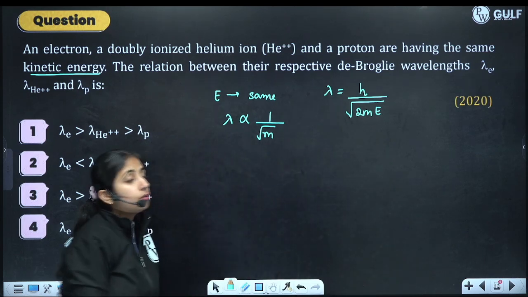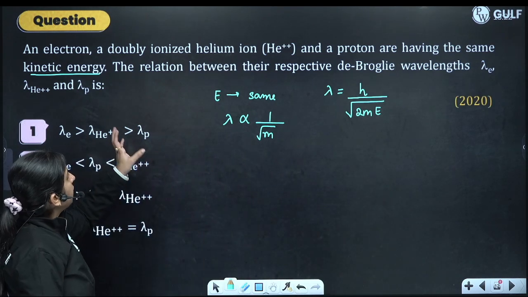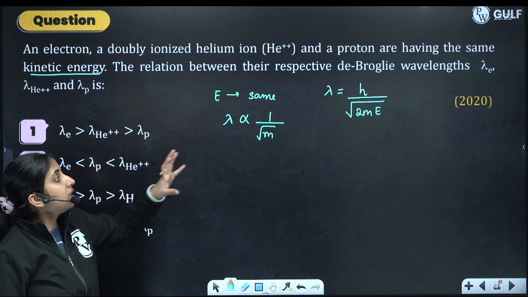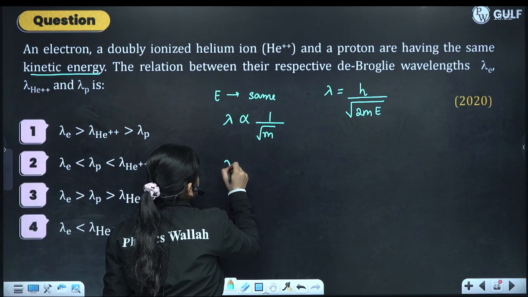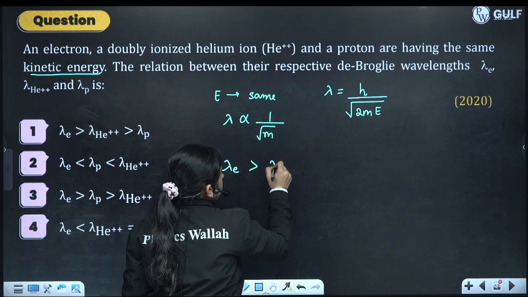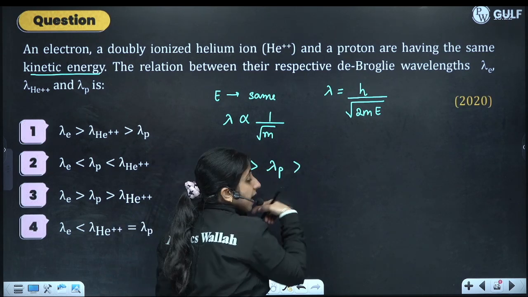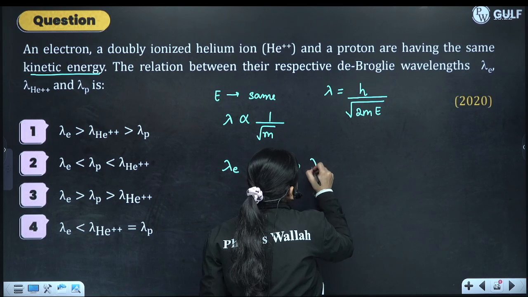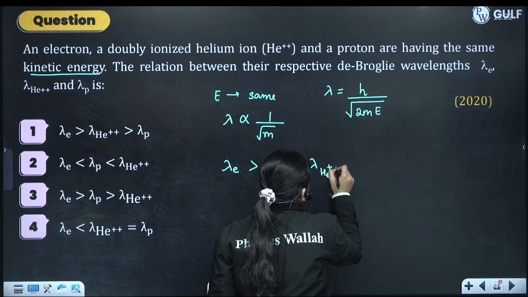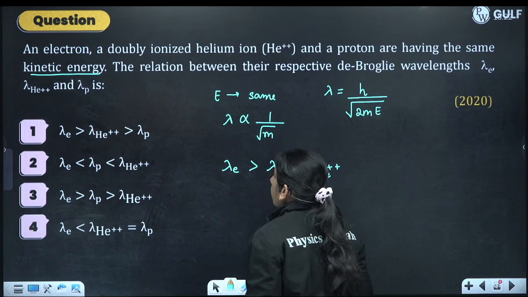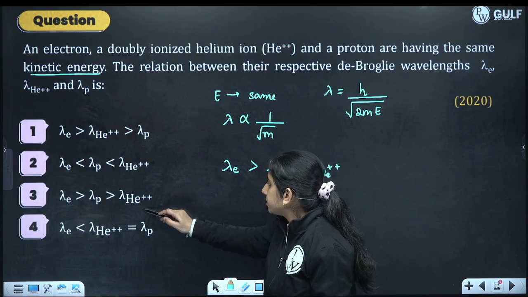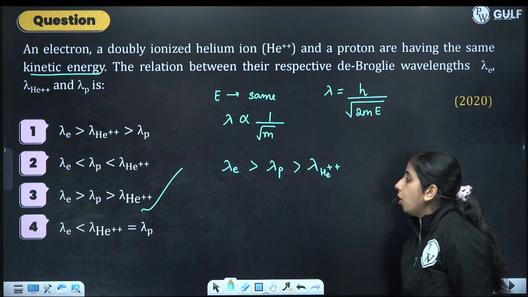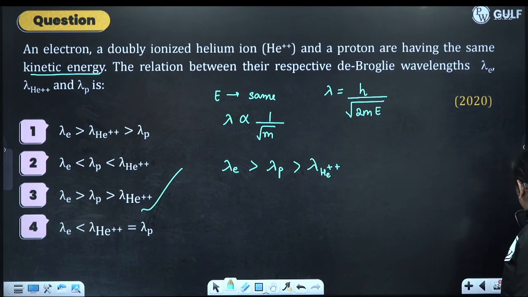Relation between their respective de Broglie wavelengths: electron will have the largest wavelength, then proton because it is heavier than electron, then doubly ionized helium because it is the heaviest. Lambda electron is greater than proton, greater than helium. Option number 3 will be the answer.